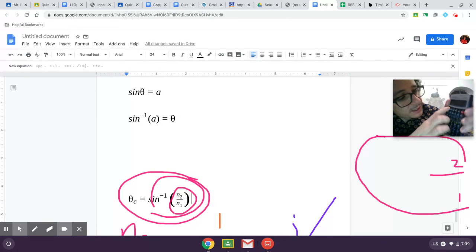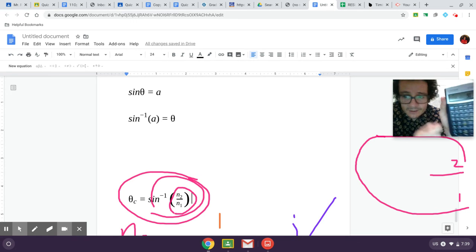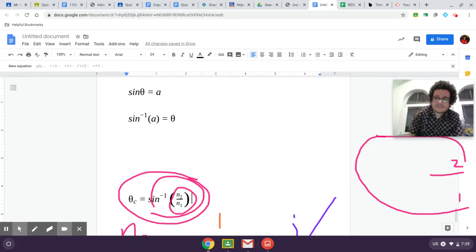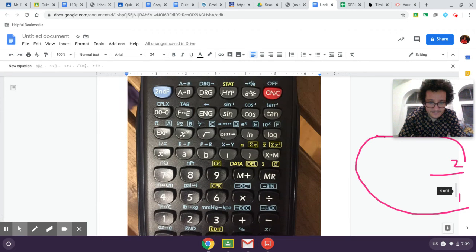Press 1 and apply the reverse function, sinus to the minus 1. 90. Okay, we're doing things right. That also will help you to see if you are working in degrees or in radians. Okay, it has to say 90. If it doesn't, it's because maybe your calculator is in radians. You just have to switch it to degrees.